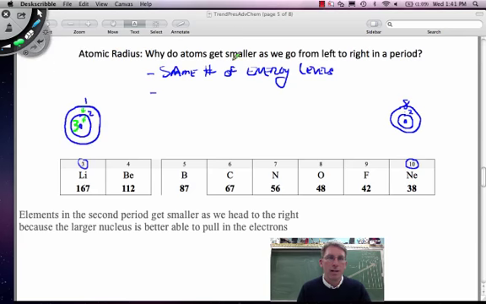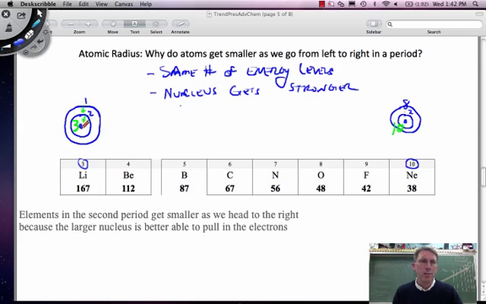On the inside here, lithium had 3 protons trying to hold all these electrons, and over here we've actually got 10 protons holding this whole mess together. So why does that make a difference? Let's say we had 3 magnets. Those 3 magnets are able to pull on 3 electrons pretty strongly.